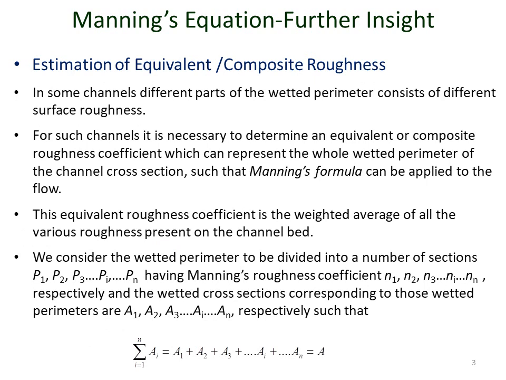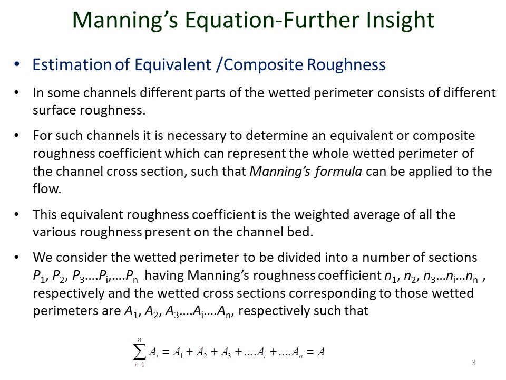Now in some channels the Manning's roughness coefficient might not be the same throughout the wetted perimeter. So in some channels different parts of the wetted perimeter may consist of different surface roughness elements, and so might have different values of Manning's n.